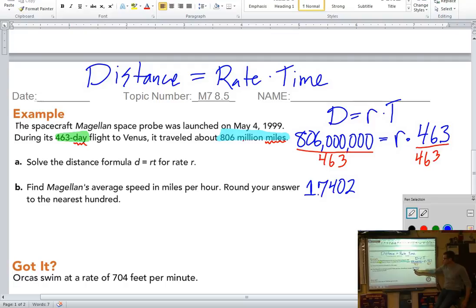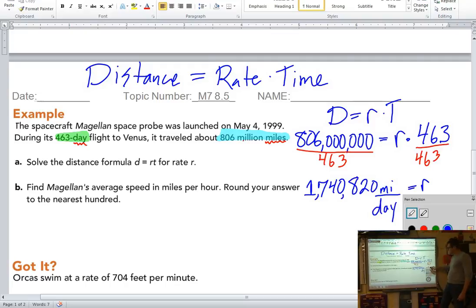Hold on, so this is 1,740,... and then it was like 2, 0, and then 700. Let me see. It's like really big. Oh, 820. I didn't get the 8. So it's 1,740,820 miles per day.